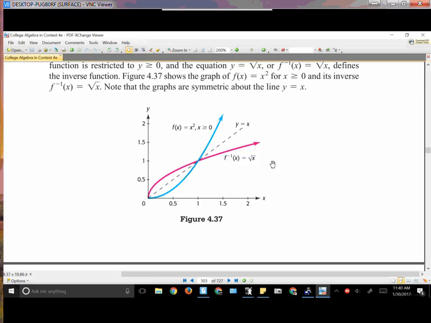Because the square root function is the inverse function of the square function. The square function is not a one-to-one function, because there are two possible values for input for each outcome.